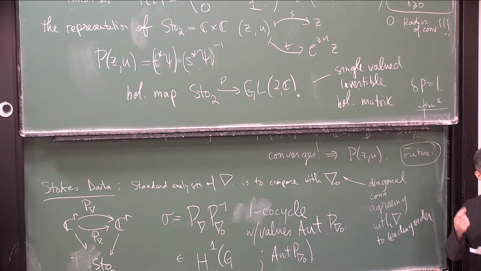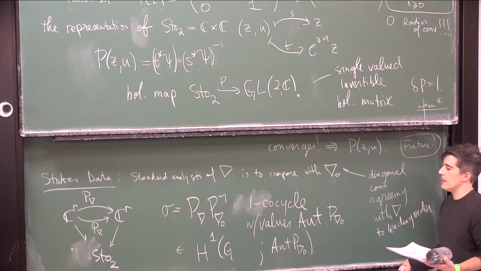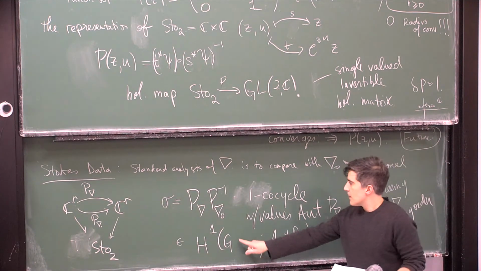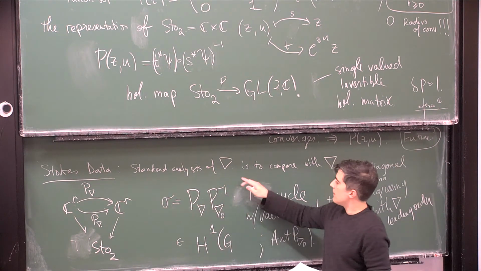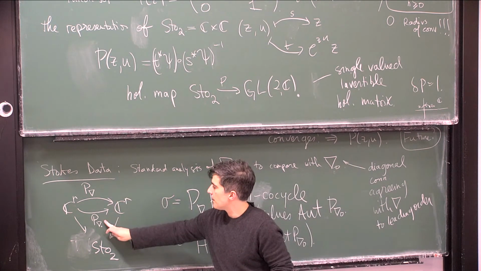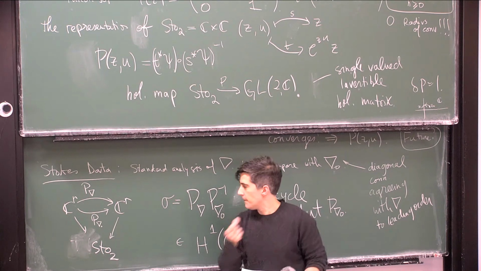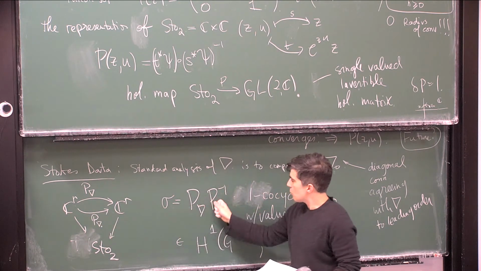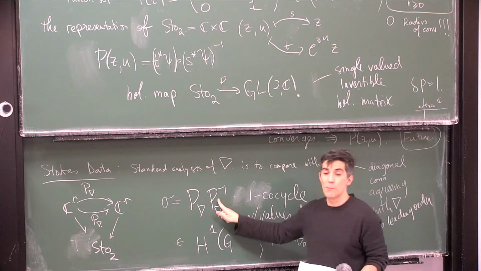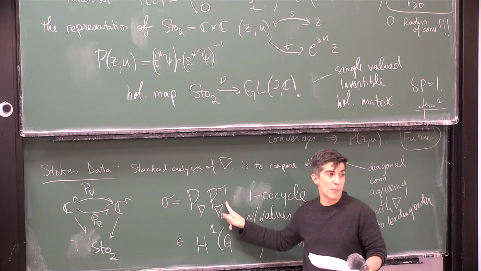Okay. And here's the key point. This is the point that confused me for the longest time. You see, the fact that nabla and nabla naught agree to leading order at the pole means that this quotient is equal to 1 at the pole. They're equal at the pole.